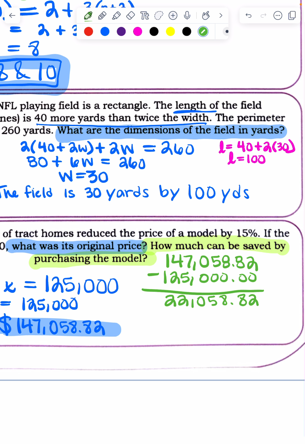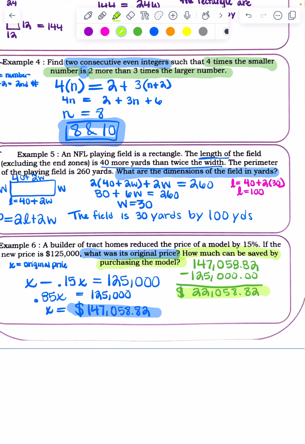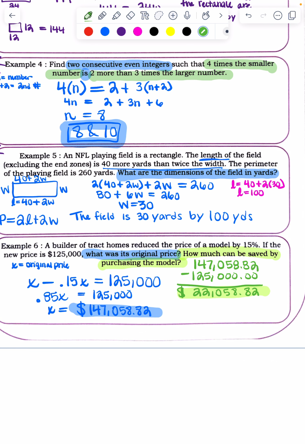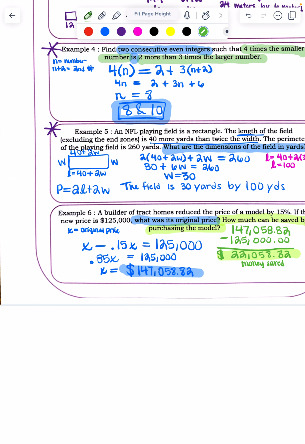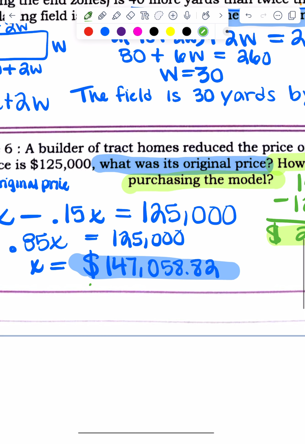So 22,058.82 is going to be how much we saved, and I'm going to highlight that in green. Okay, money saved. And because we have X as original price, this is original price if you need it.